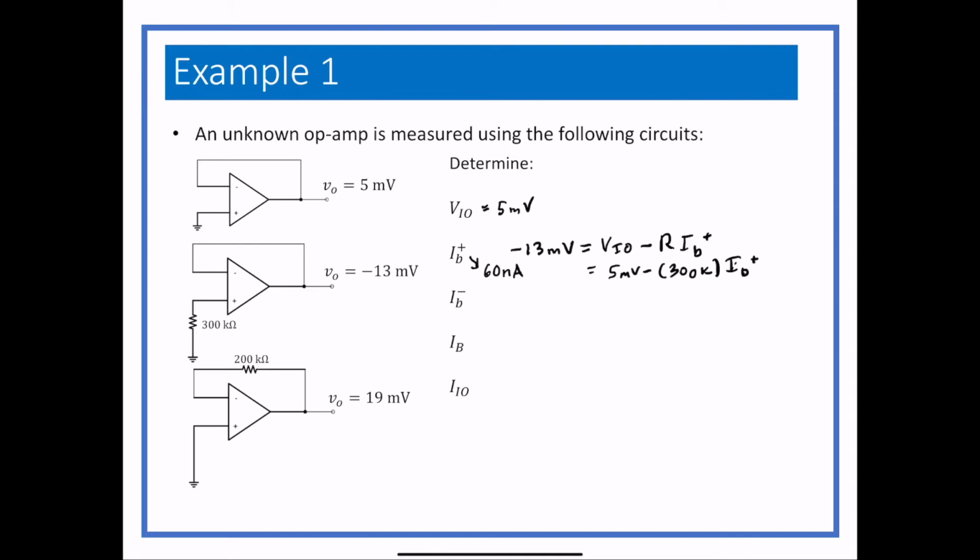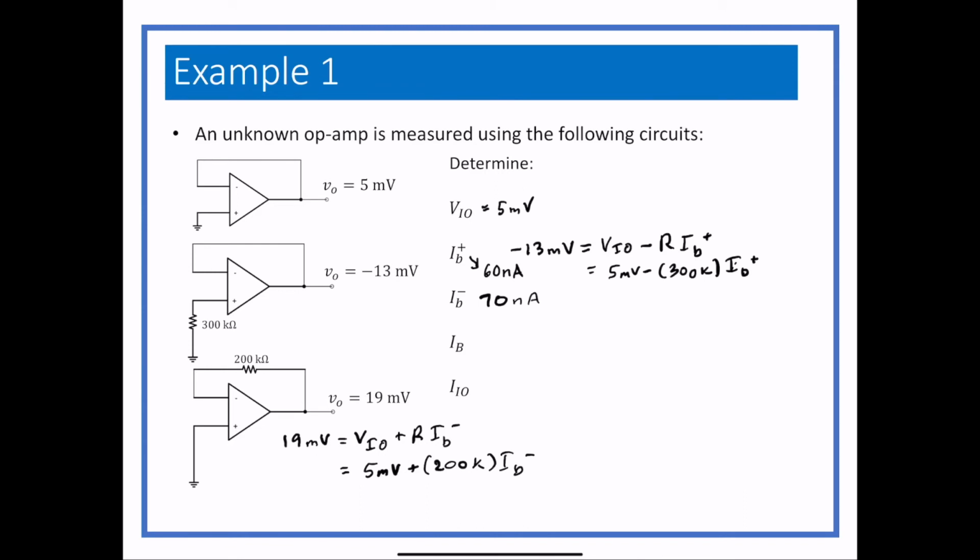I'm going to write underneath it so I don't run out of room here. We have 19 millivolts equals VIO plus R times IB minus. So that equals 5 millivolts plus 200K times IB minus, and IB minus equals 70 nanoamps.